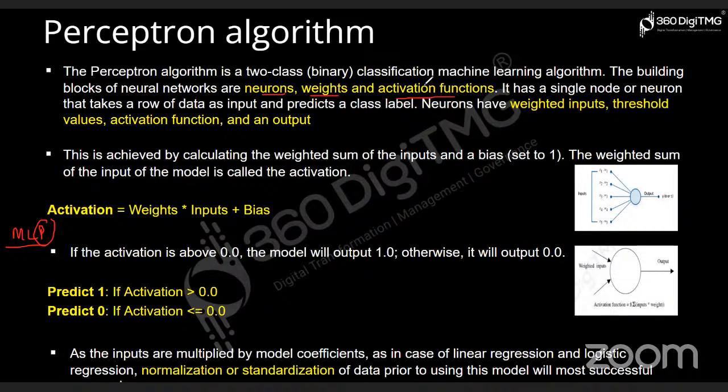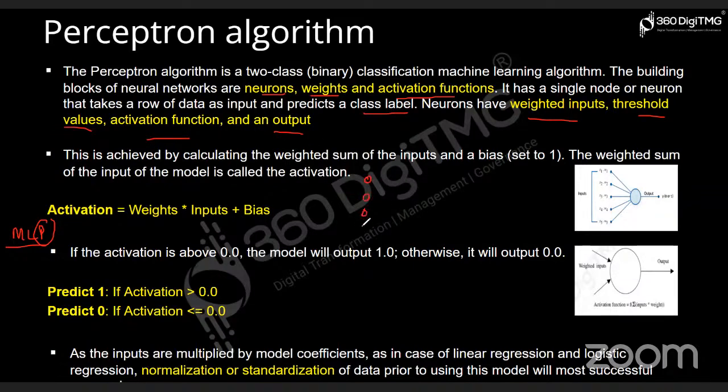Based on these three, they can transfer senses and impulses. It has a single node or neuron that takes a row of data as input and predicts a class label. Neurons have weighted inputs, threshold values, an activation function, and an output.